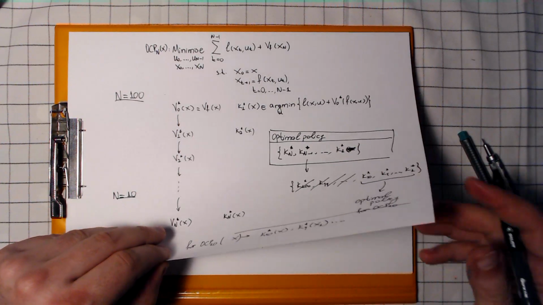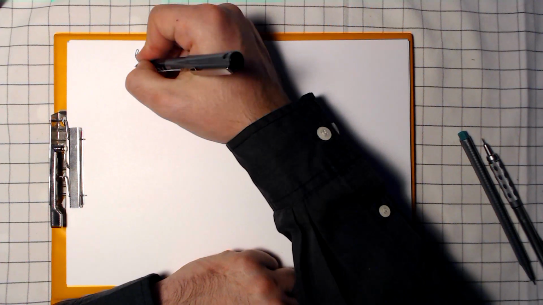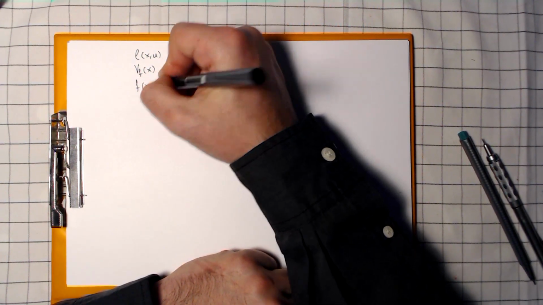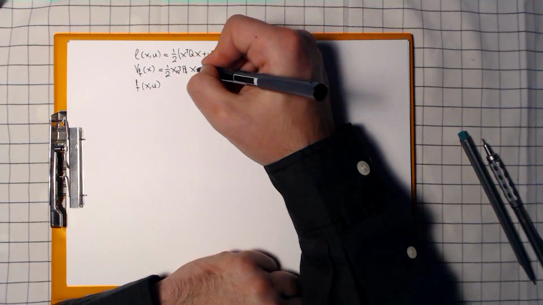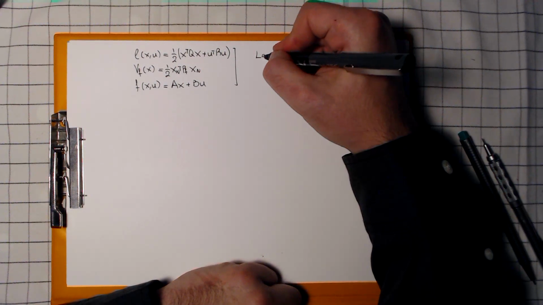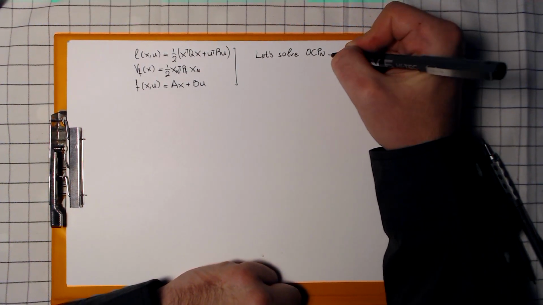Now let's go back to the linear quadratic optimal control problem, where we have a particular L, VF, and F. So we have these ingredients, and let's solve OCP n.